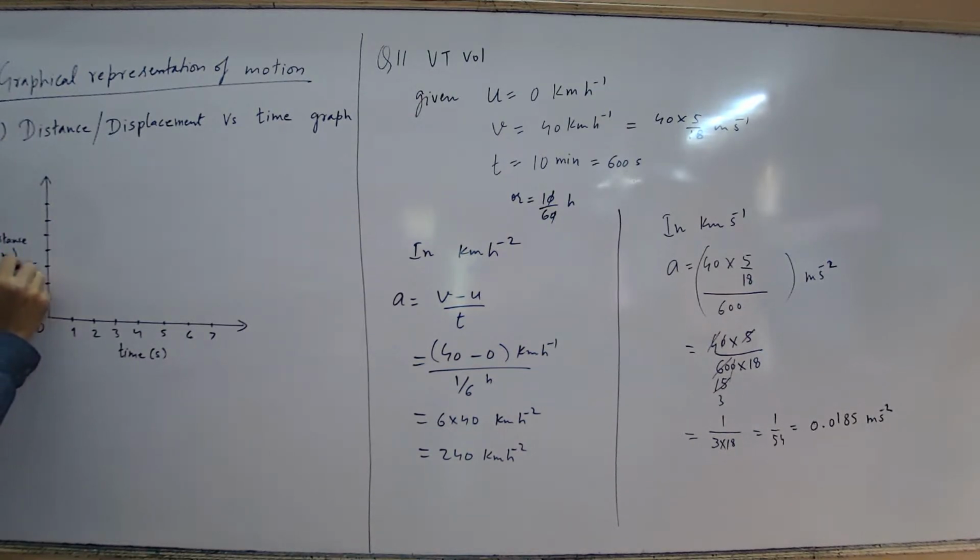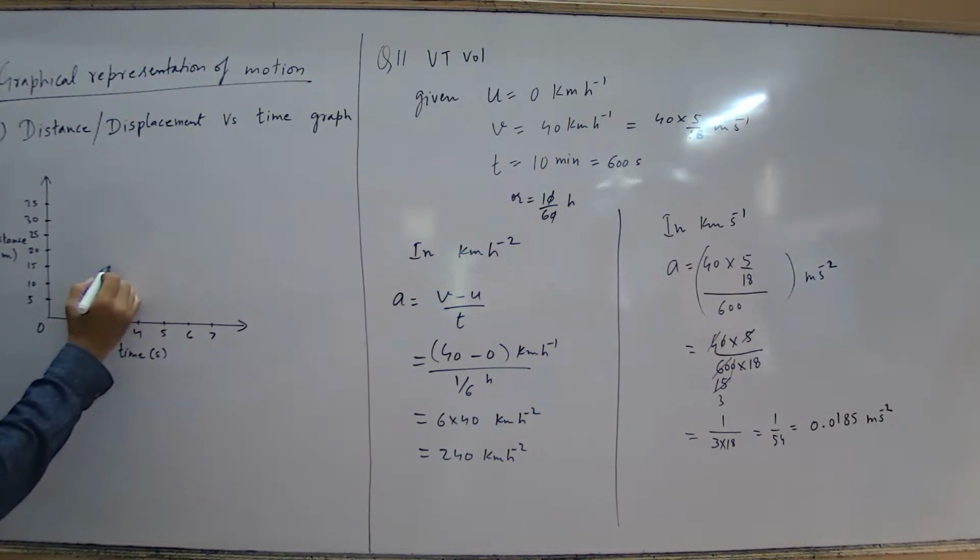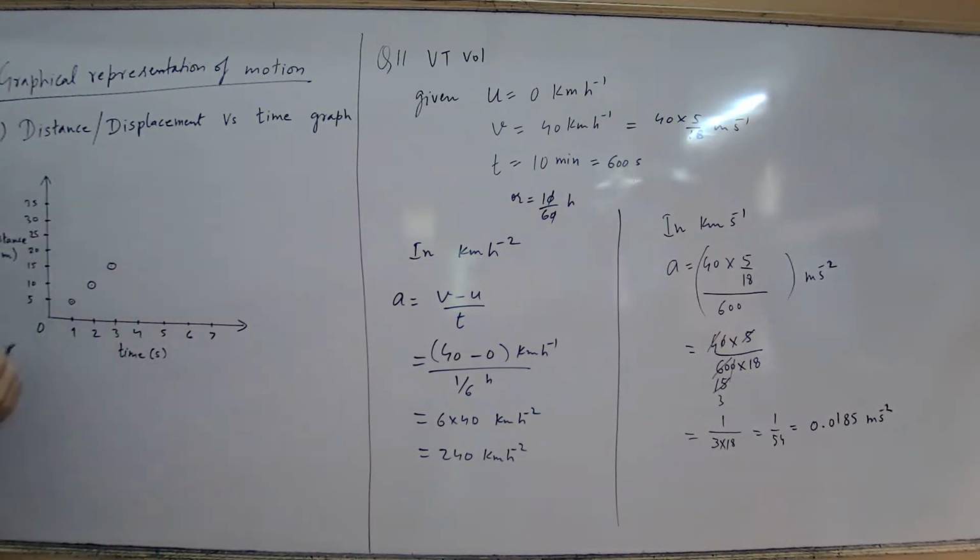Let's say in 1 second, the object moves 5 meters. So this is the point now, right? In 2 seconds it covers 10 meters. So this is the point. In 3 seconds it covers 15 meters. This is the point.